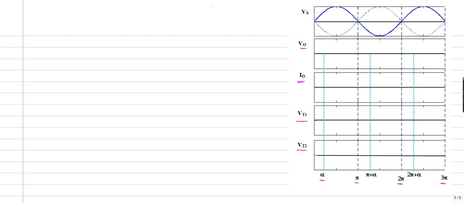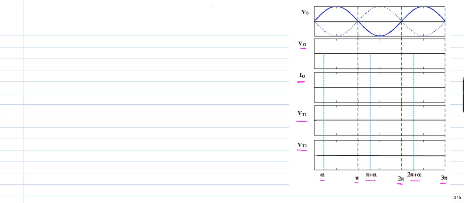Alpha is the triggering instant for T1, pi plus alpha is the triggering instant for T2, and 2 pi plus alpha is the triggering instant for T1 again. This alpha may be 0 degrees, 30 degrees, or 90 degrees, based upon your output voltage requirement. So alpha is the variable. As it is an R load, both voltage and current reach the zero crossing point at the same time, so there is no need of indicating the beta instant here.